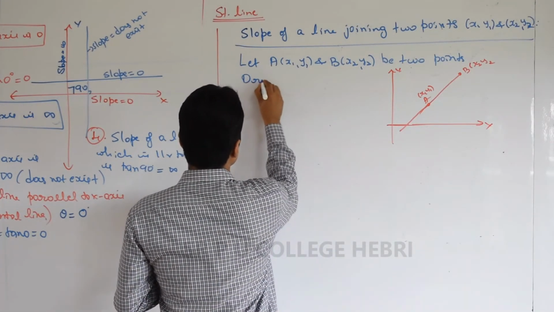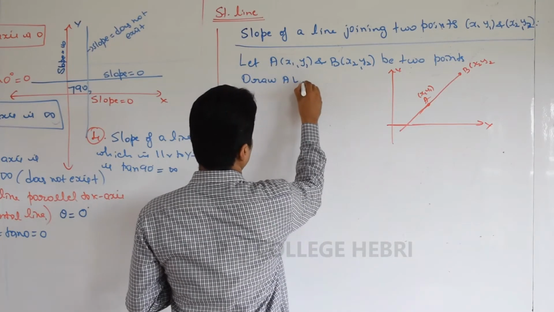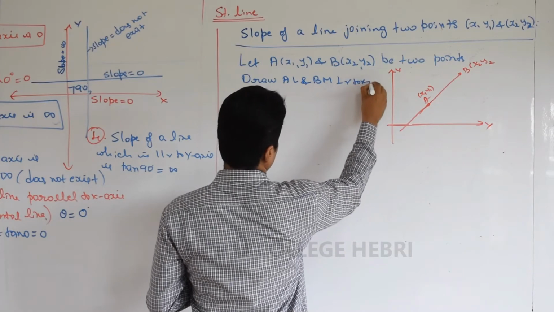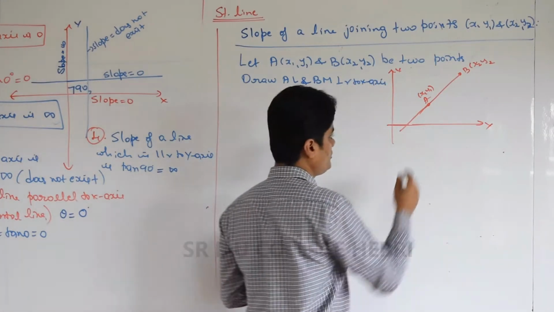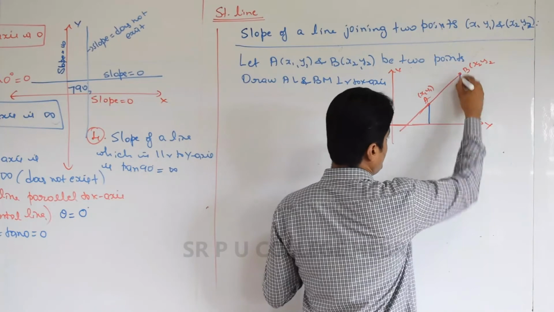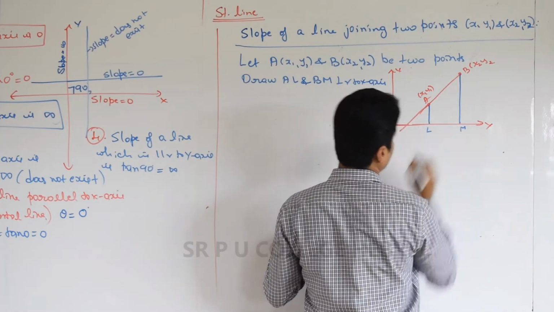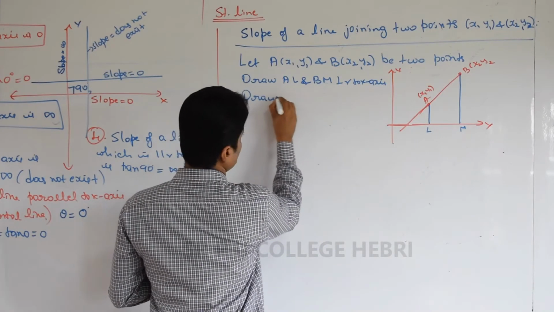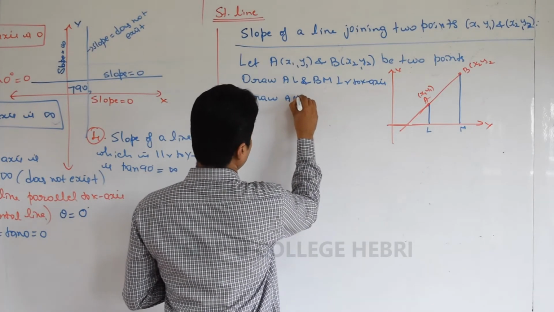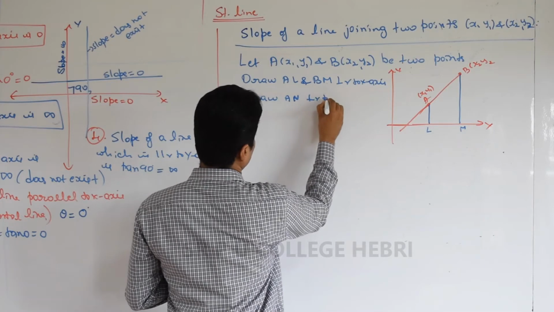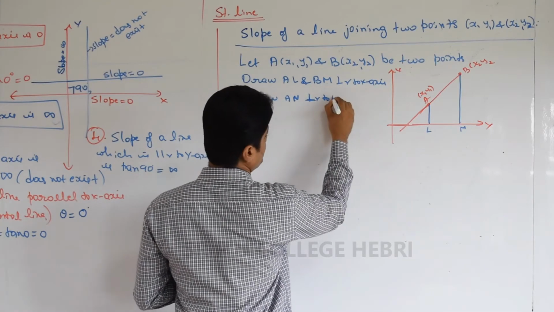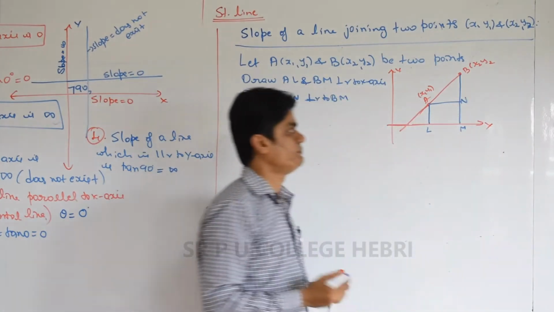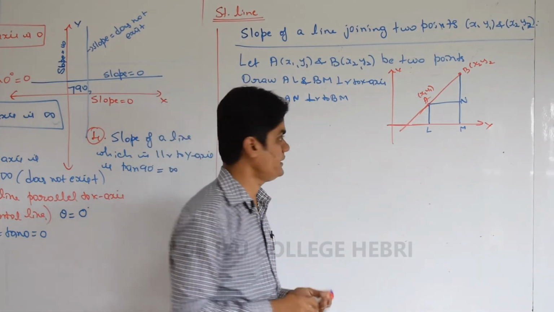Draw AL and BM perpendicular to x-axis. One more construction: draw AN perpendicular to BM, so AN is perpendicular to BN.